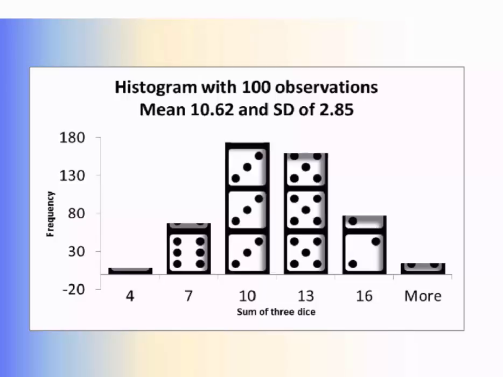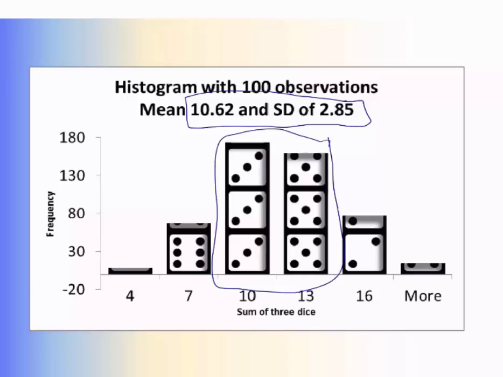This one is slightly different, but that's because every time I redo this, the means change, but it's pretty darn close. The majority of the occurrences are still between 10 and 13, but the standard deviation is getting smaller, which means the curve is getting a little tighter.